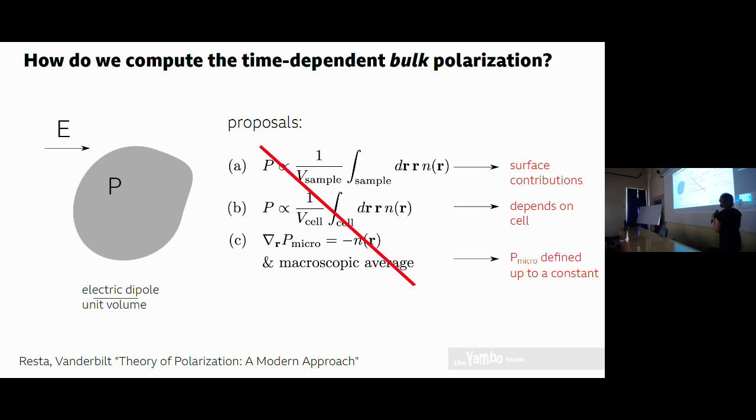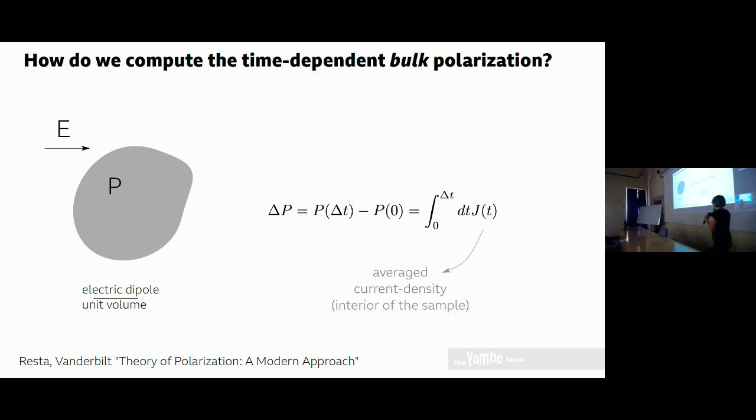And in the last case, the microscopic polarization that I get from this relation is defined, of course, up to a constant, which will disappear when I take the gradient. So I cannot reconstruct the polarization from there. So how is the polarization actually measured? What is actually measured is the difference of polarization over time.